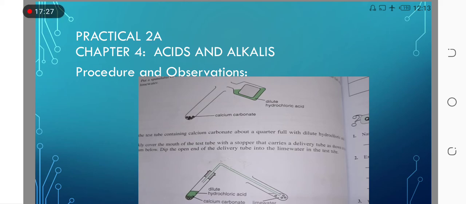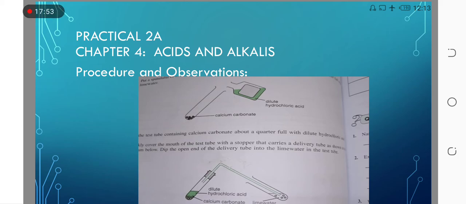Now come towards the result of the experiment. First of all, you have to write down the type of mixture. As we have discussed, calcium carbonate, hydrochloric acid and the lime water, three things are there, and we have to write down the effect of the gas on the lime water.